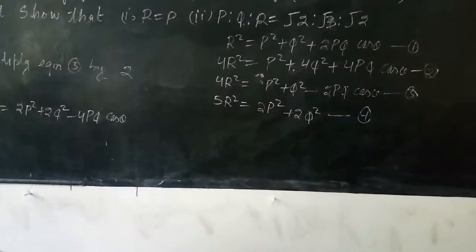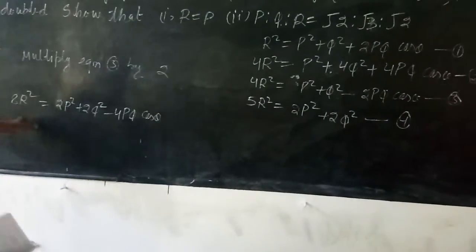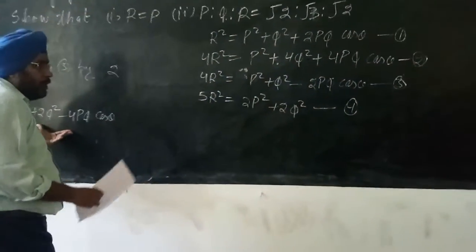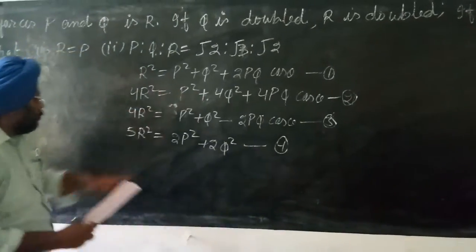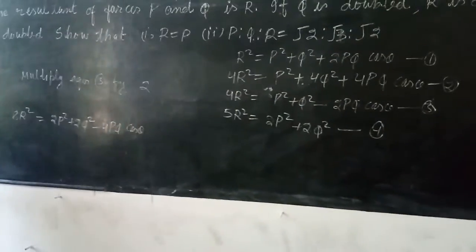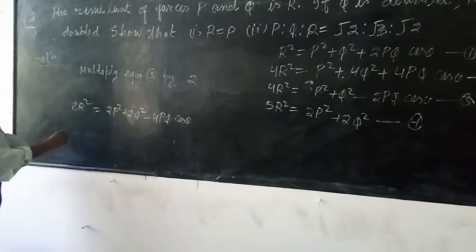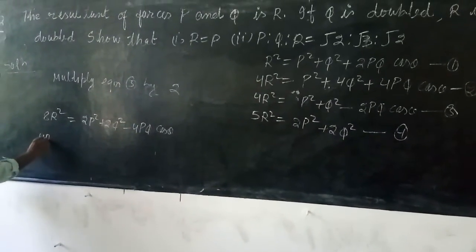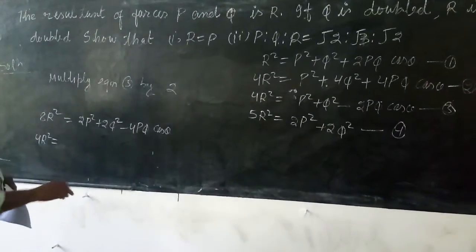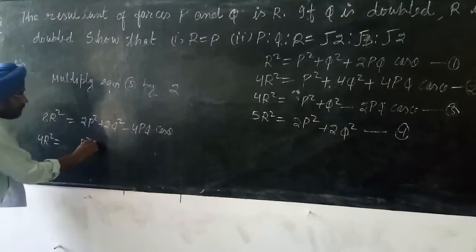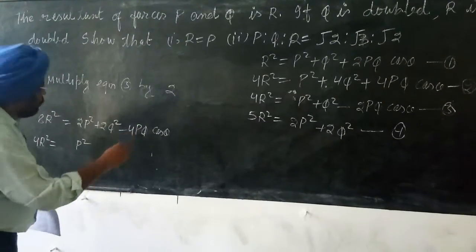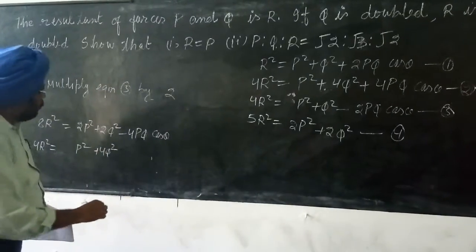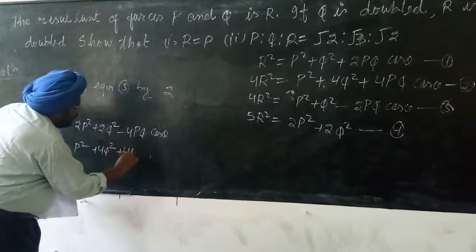So add this equation to equation number 2. Equation number 2 is 4R square equal to P square plus 4Q square plus 4PQ cos theta.